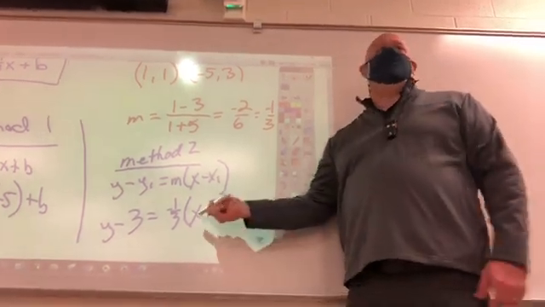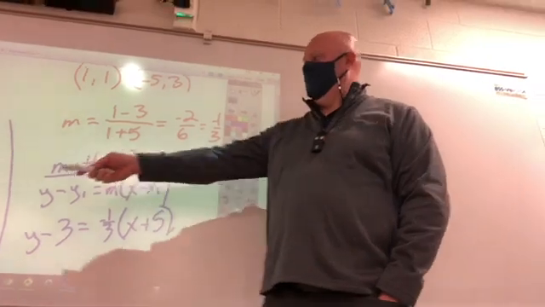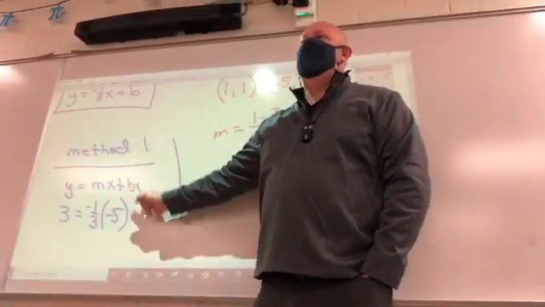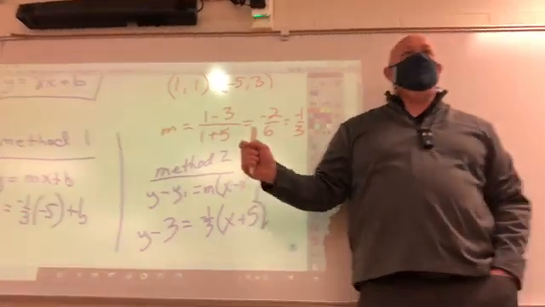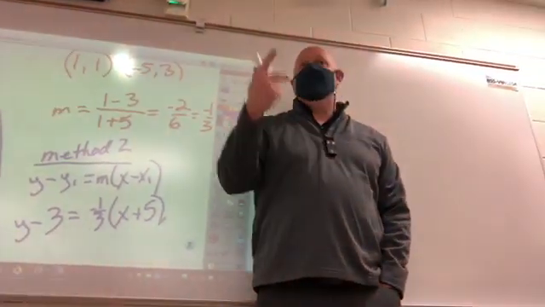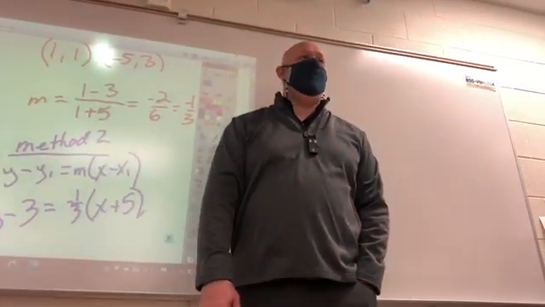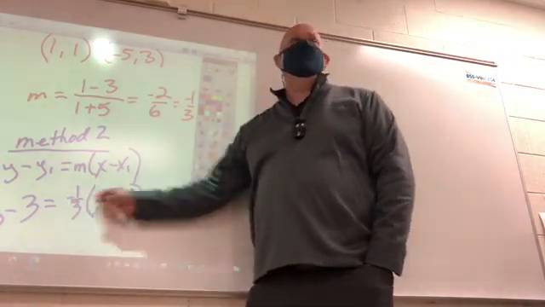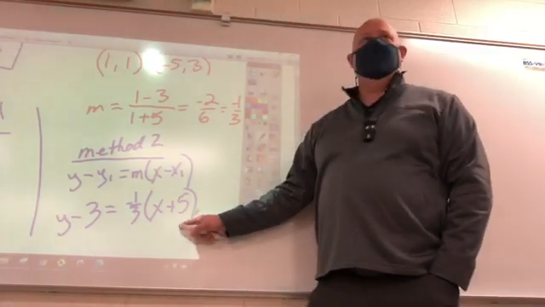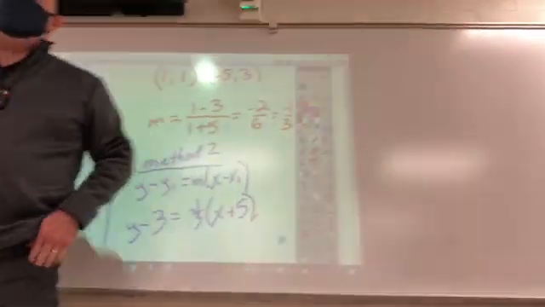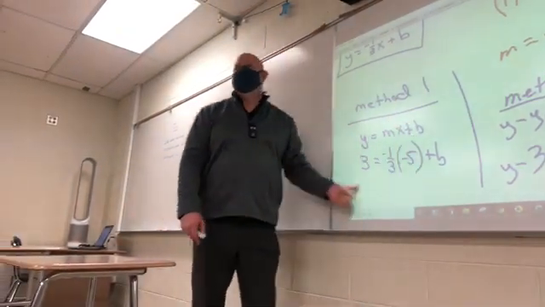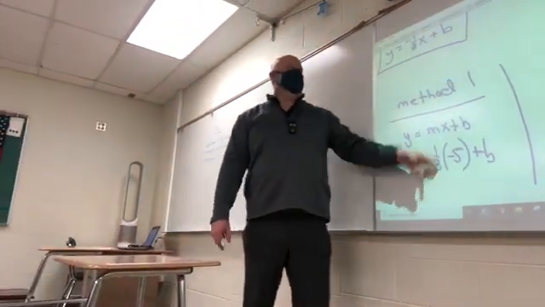And then yes, distribute, simplify. Solve for b, plug the answer in for b. Which of these two methods do I want you to use? Whichever one that you look at and go, oh, I think that's easier. I think this one's easier to distribute and then just add the 3. I think this one's easier to solve for b, multiply those together, subtract the answer to the other side, and then put that answer in there.